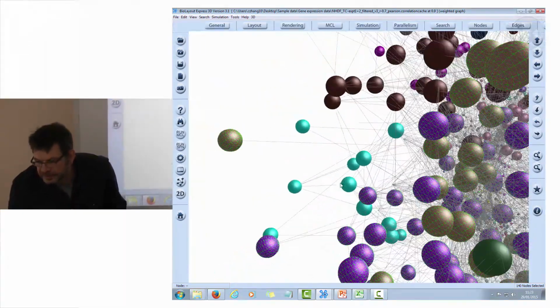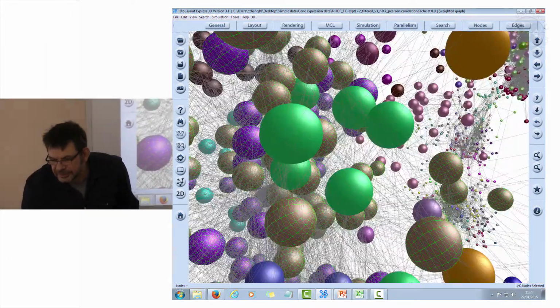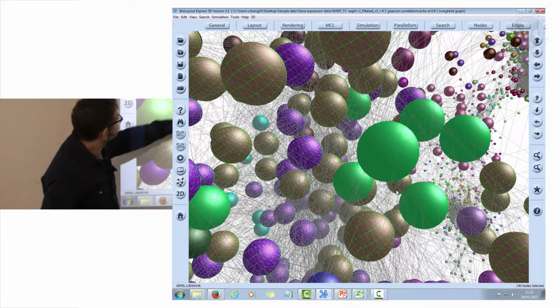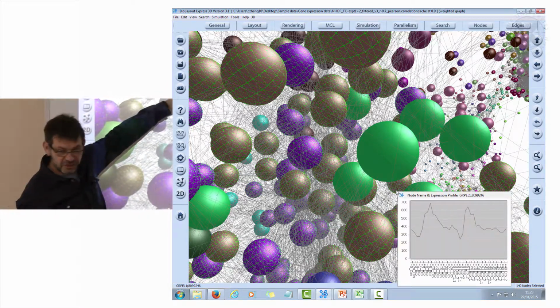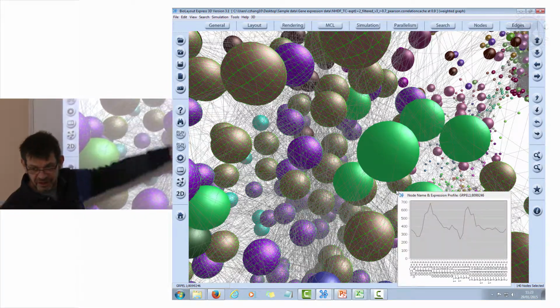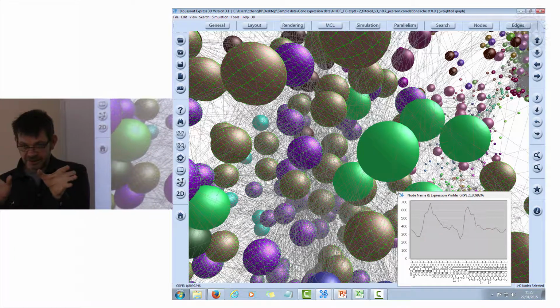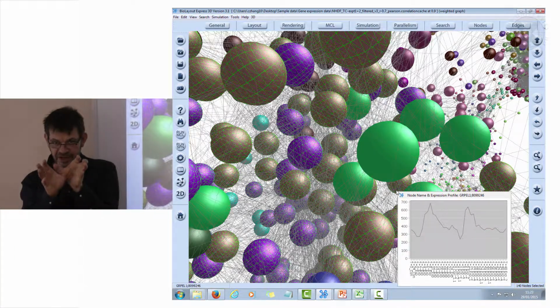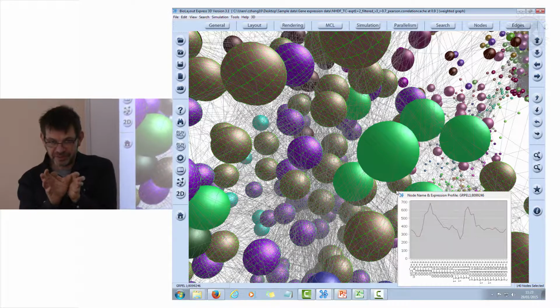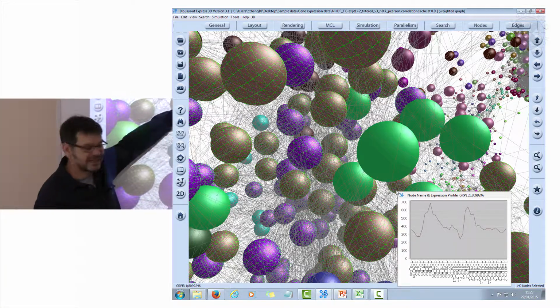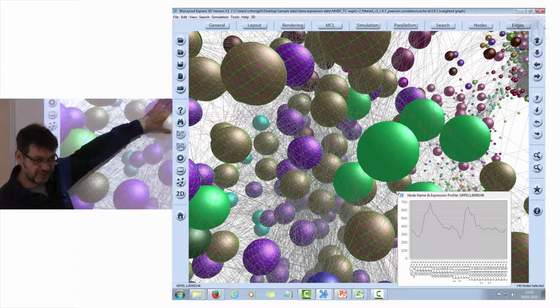See those purple nodes there and those brown nodes? Two classes which the clustering has separated apart, but when we look at the overall profile of those genes, they're extremely similar, and they're situated next to each other within the graph.